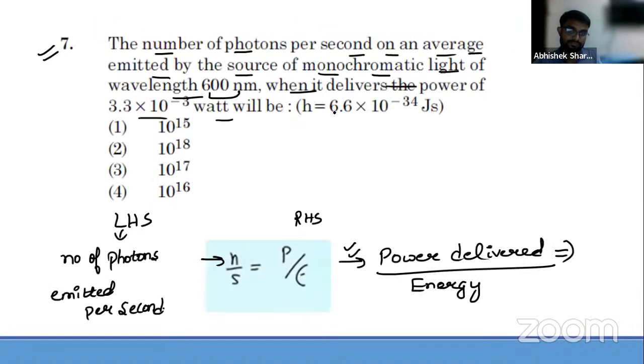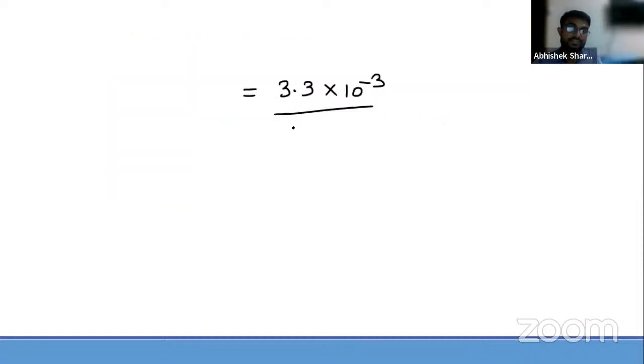Power delivered in front of you is 3 into 10 to the power minus 3 watt. Remember, we must be careful while using the units. Energy is E. This will give us our answer, n per second.